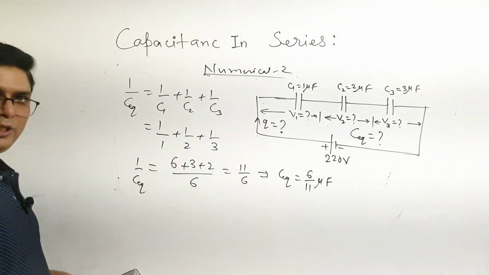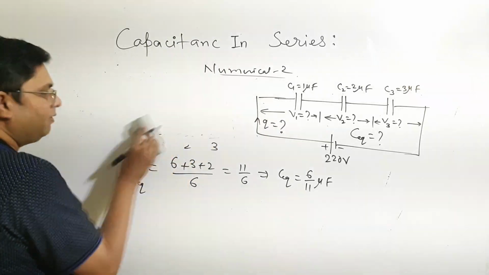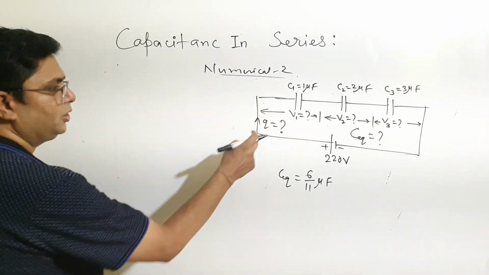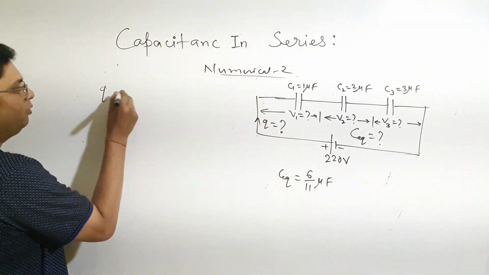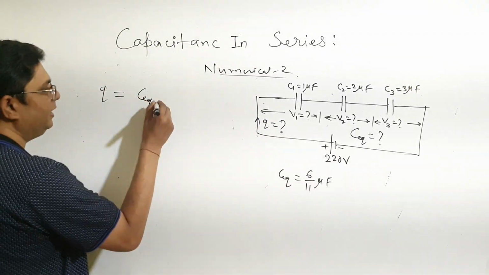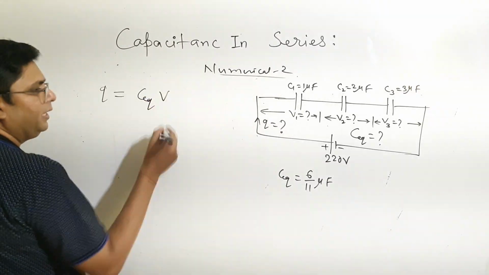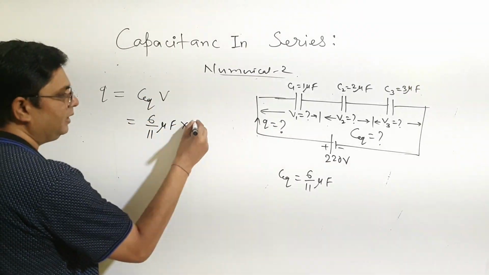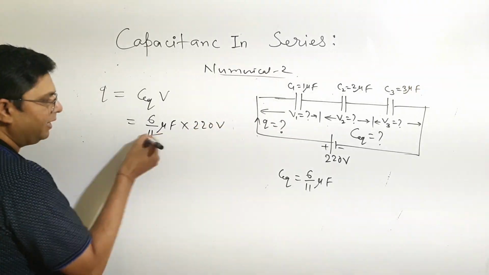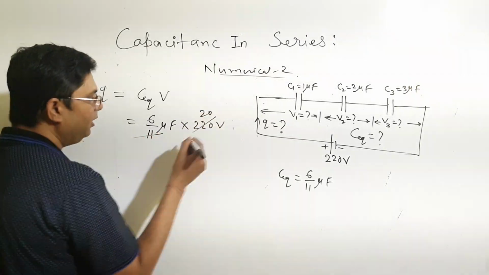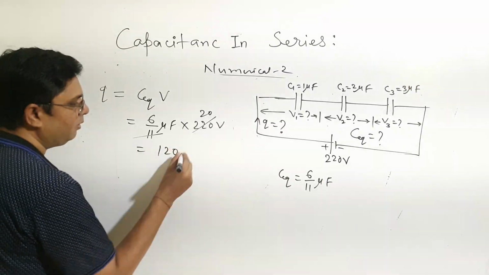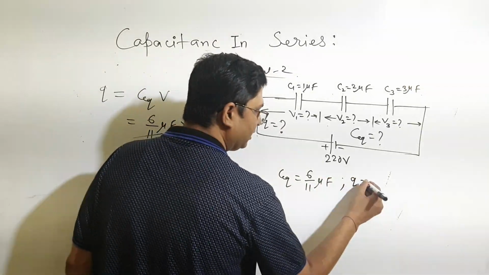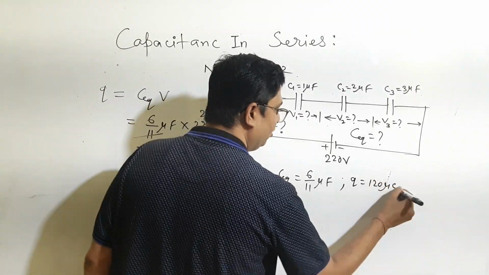Next we have to find the charge Q. The charge Q equals C equivalent into V. C equivalent is 6 by 11 microfarad, and V is 220 volt. Divide it, it is 20, so you have 120 microcoulomb. Thus you get charge Q equals 120 microcoulomb.